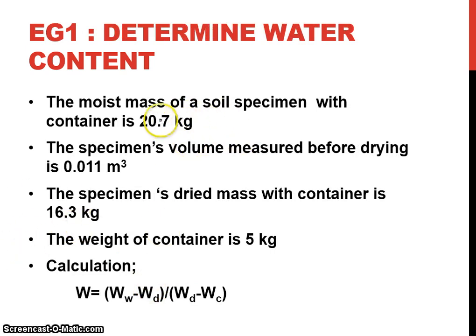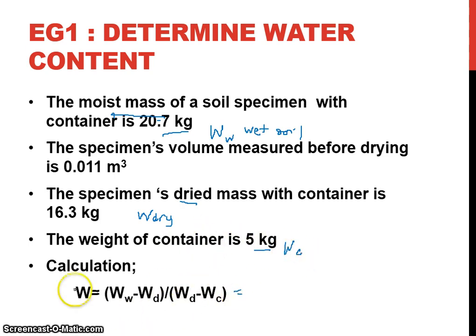So moist mass of soil. So here is actually W sub W, weight of wet soil. And here dry is the weight of dry soil, and here is the weight of container.